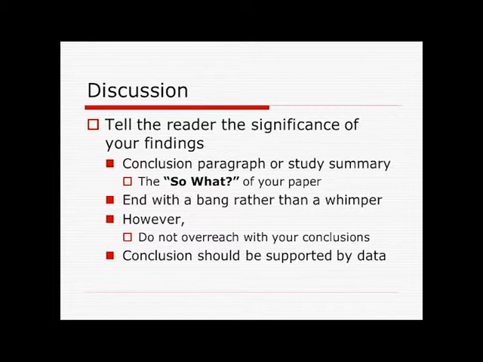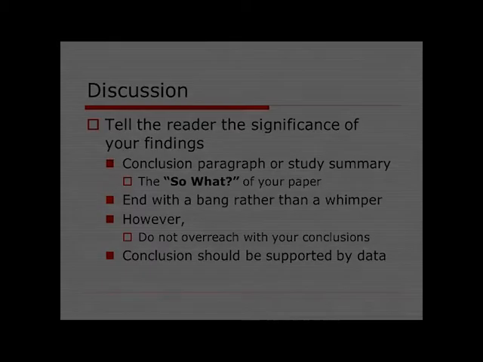But we don't want to overreach our conclusions, right? Like maybe our little program we did here in Clark County increased HIV testing among adolescents. In our conclusion, we wouldn't say if everyone implemented this program, there would be 100% HIV testing among adolescents. We don't know that, right? We can't say that. So that would be overreaching our conclusions. Our conclusions need to be supported by the data that's in our manuscript.